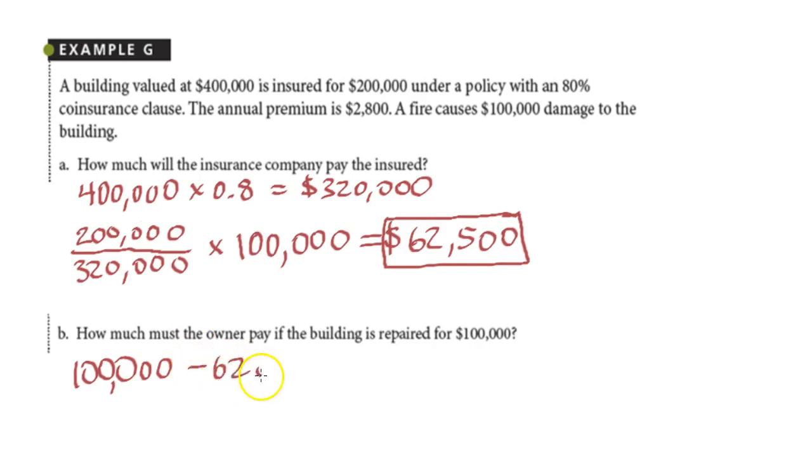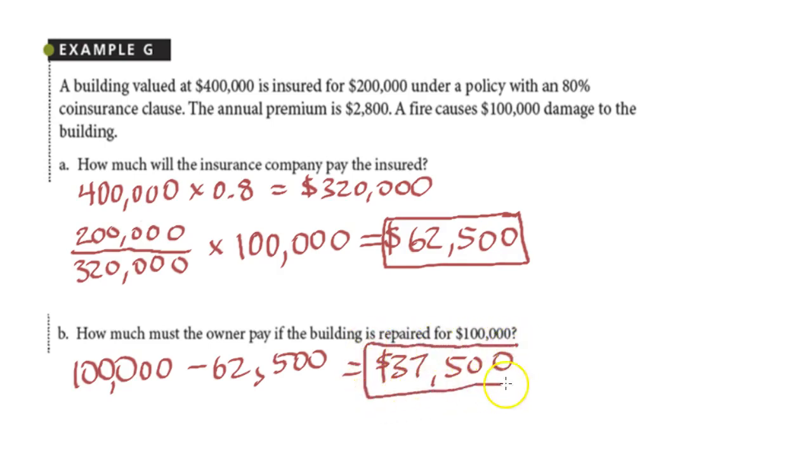The insurance is paying 62,500. So that leaves 37,500 that the owner is going to pay. So those are the 4 steps that were discussed in the previous slide.